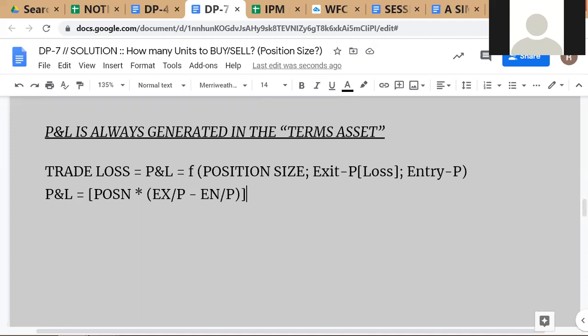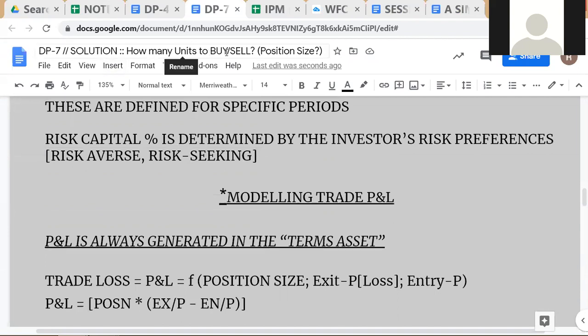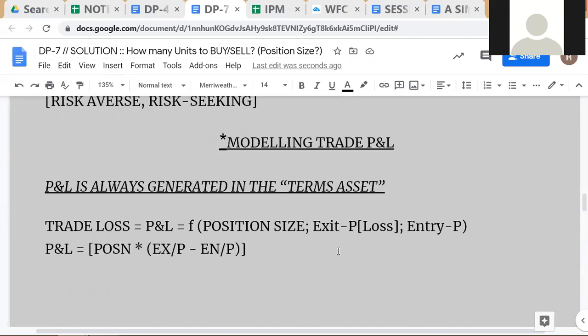We'll look at the currency markets. Remember, we are trying to model the number of units, position size. So we say position size is equal to this.